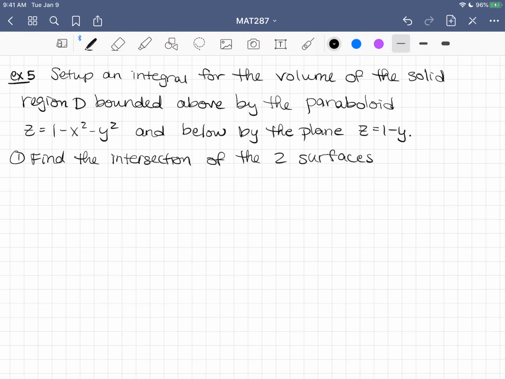Well, the two surfaces intersect when their z values are the same. So let's just set them equal. So 1 minus x squared minus y squared equals 1 minus y. And so, let's see, let's do this. y minus y squared equals x squared.